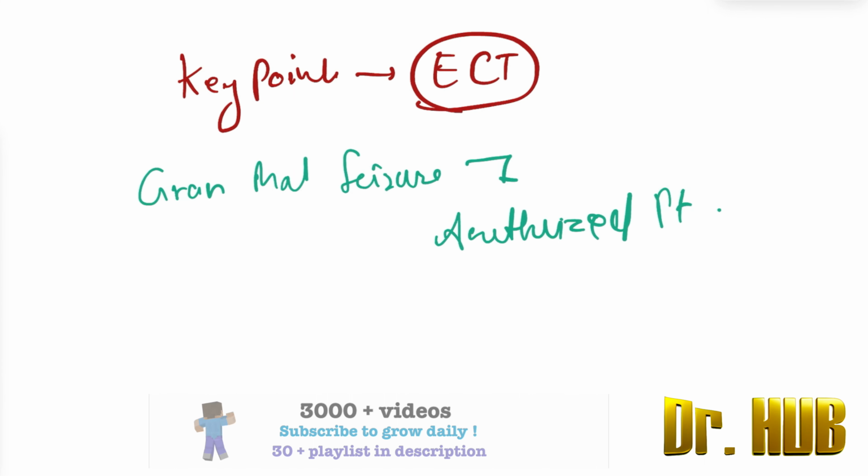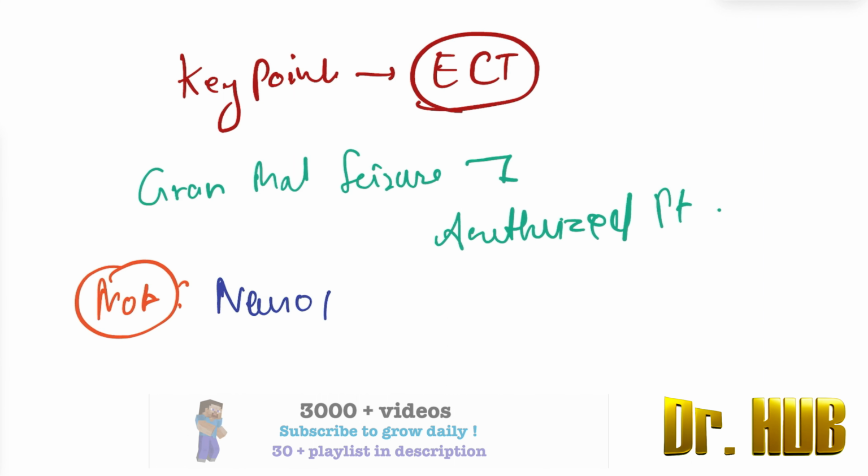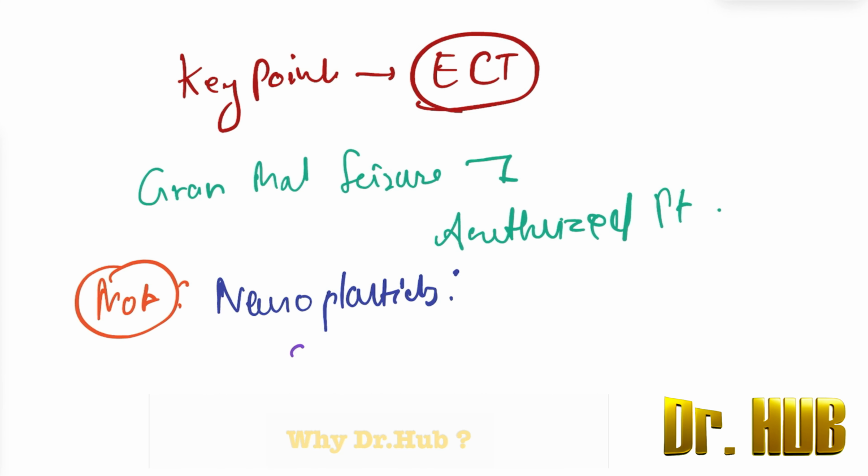How does this ECT work, what is the mechanism of action? Firstly, there is neuroplasticity. Neuroplasticity is nothing but the ability of the brain to form and reorganize the synaptic connections.